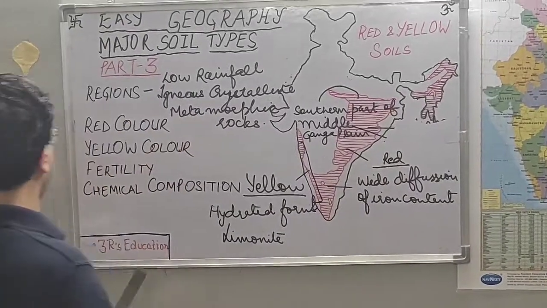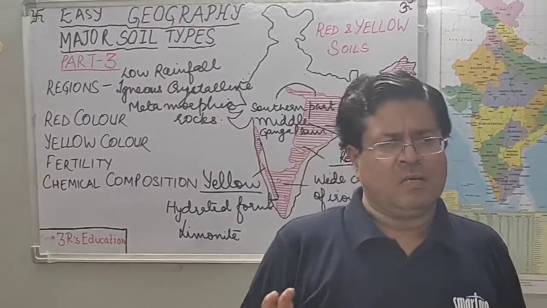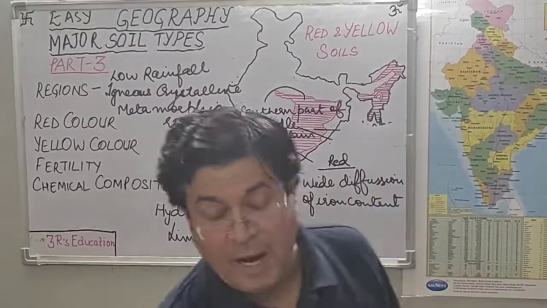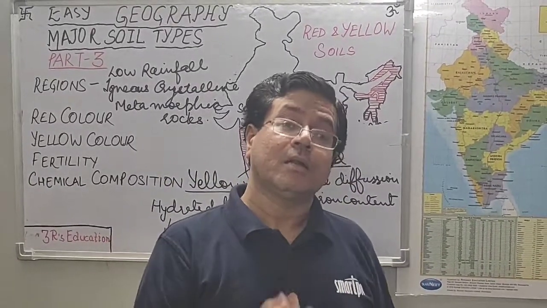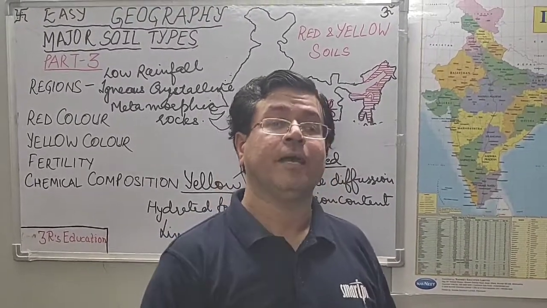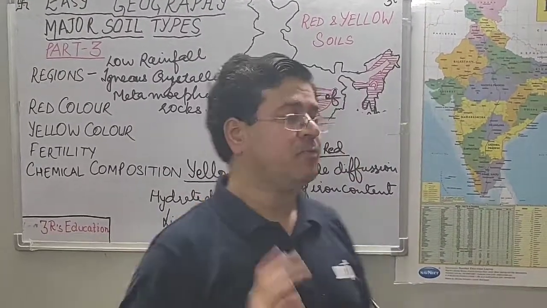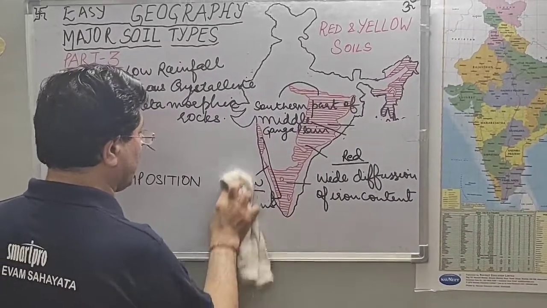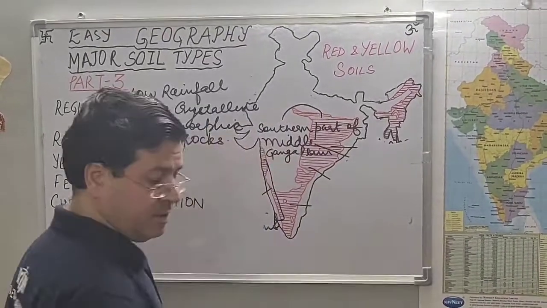Okay friends, now we'll talk about their fertility. These soils are considered less fertile in general, but when they are found in fine grain, like red loamy soils, where the particles are very fine, then they are fertile. But when particles are coarse, they are less fertile, or there is no fertility. They are famous for their low humus content.